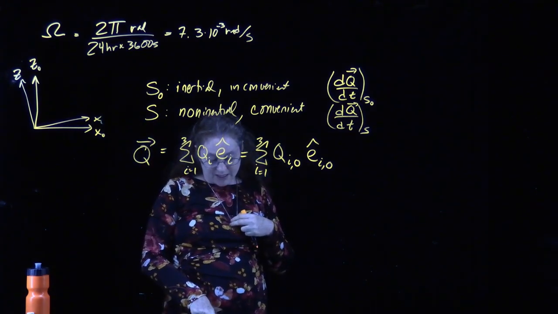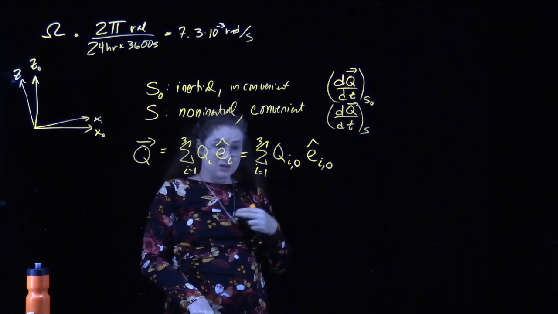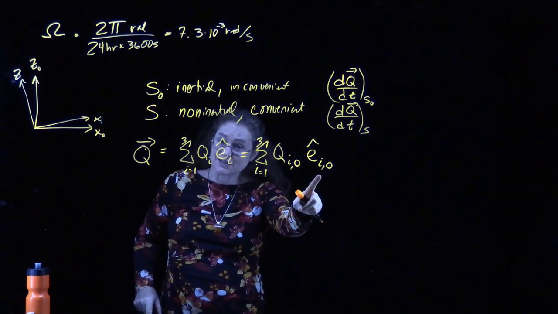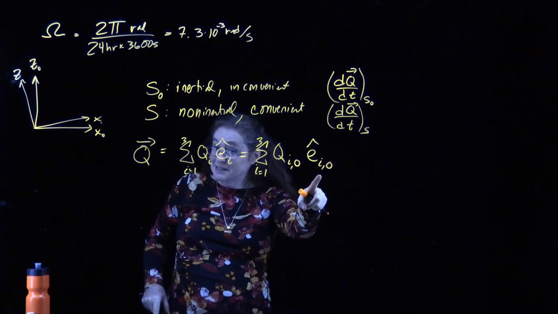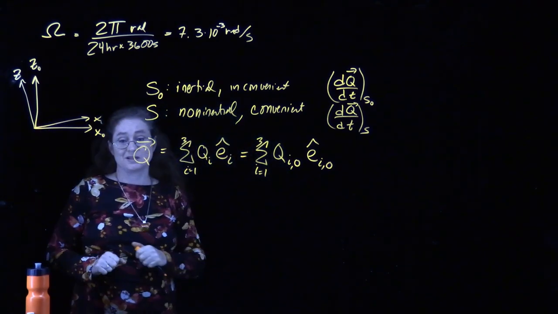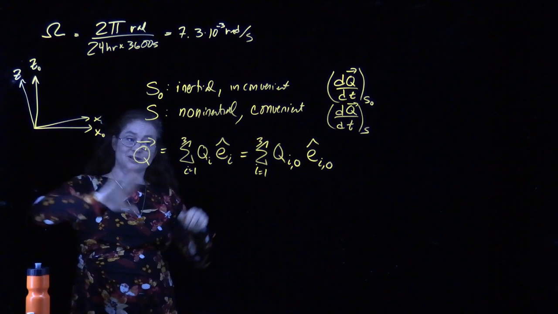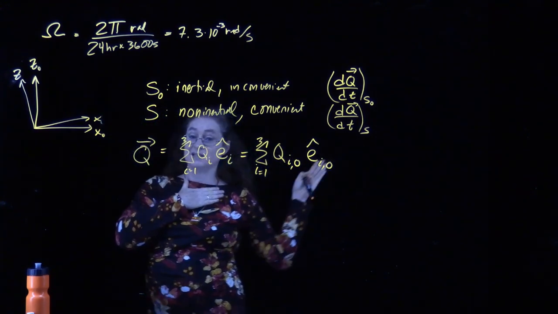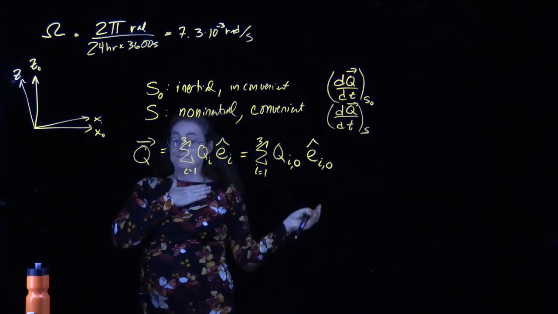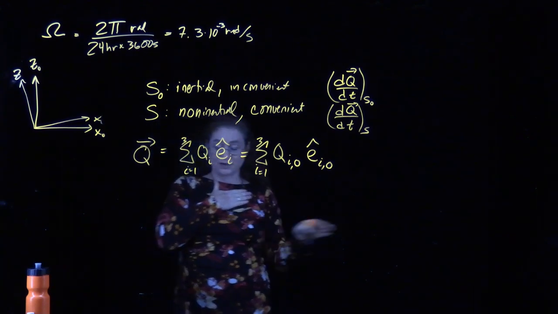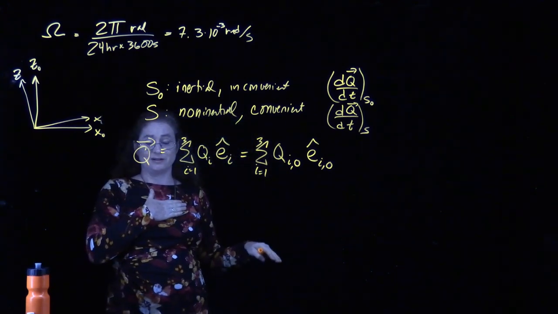And now we're going to look at the time derivatives. So these basis vectors are actually constant because the inertial frame is constant. Now, just an aside, I'm talking about this as if it is x hat, y hat, and z hat. Those are not special vectors. We can always use different vectors.